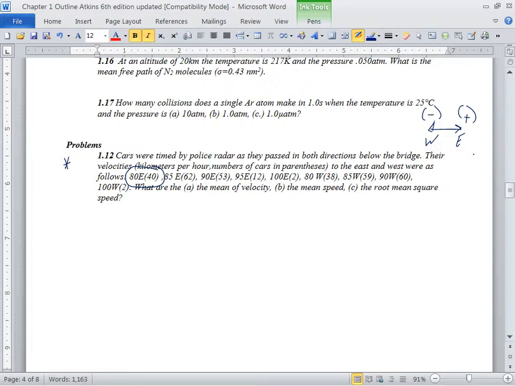So if you're not so sure how to set this up, just let me help you out. For the first one, we're looking for the mean velocity. I think Eric was nice enough to tell us that total. I think you said it was 328? So for the very first term, there's 40 of them, and they're going east, so that's positive. 80, what other units?